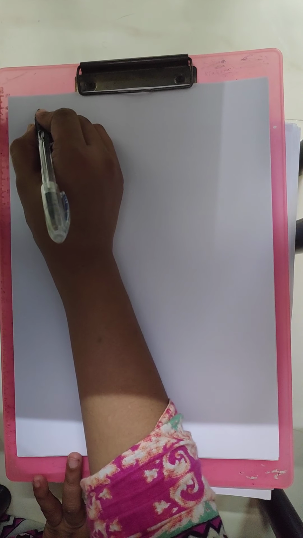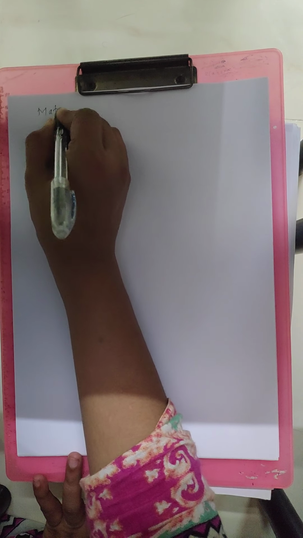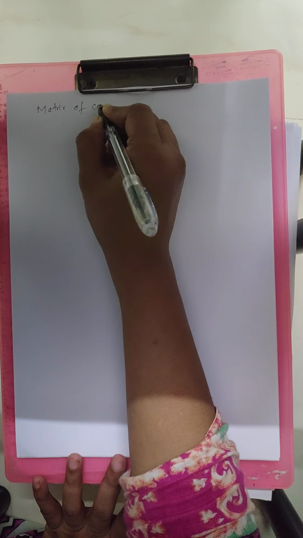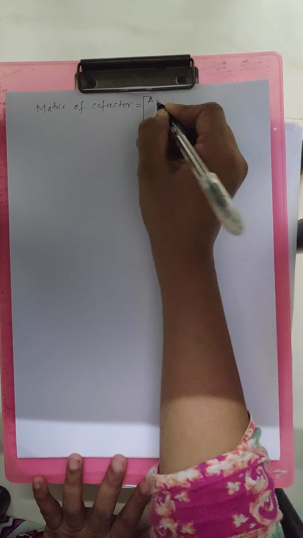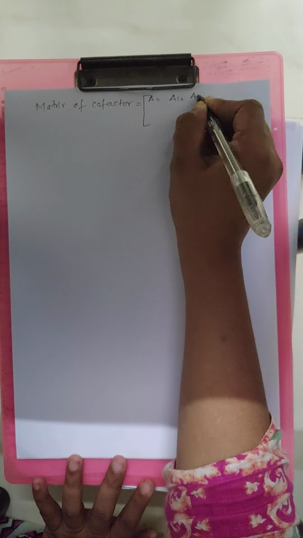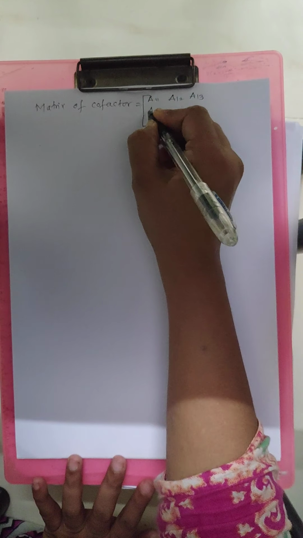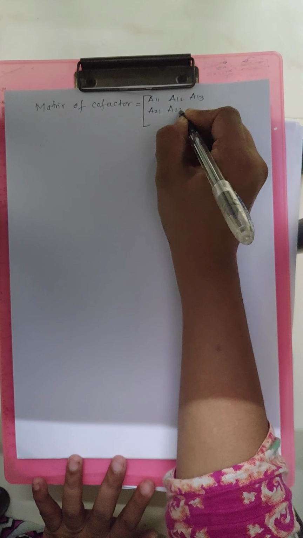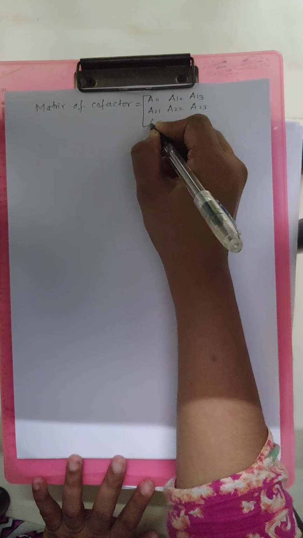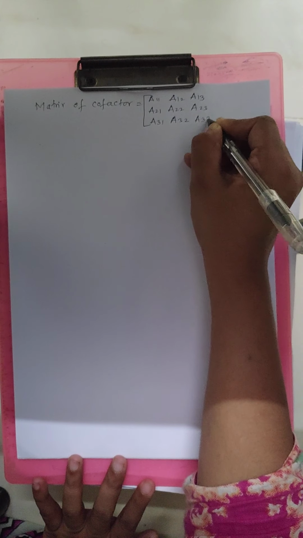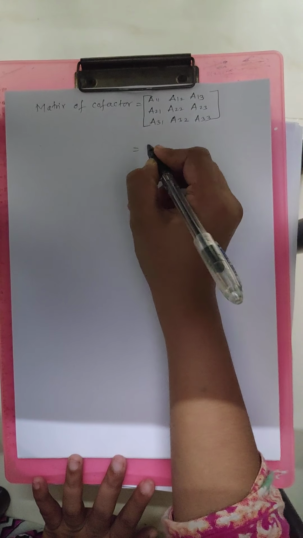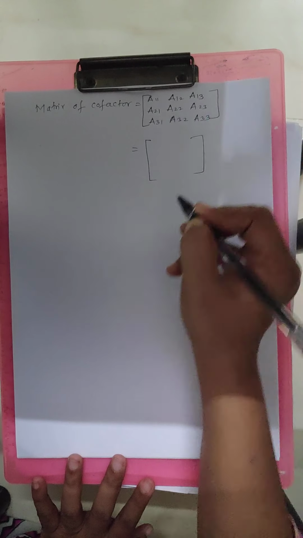Now we will write the matrix of cofactors. What is the matrix of cofactors? It is capital A11, capital A12, capital A13, capital A21, capital A22, capital A23, capital A31, capital A32, capital A33. These are the cofactors of the matrix.